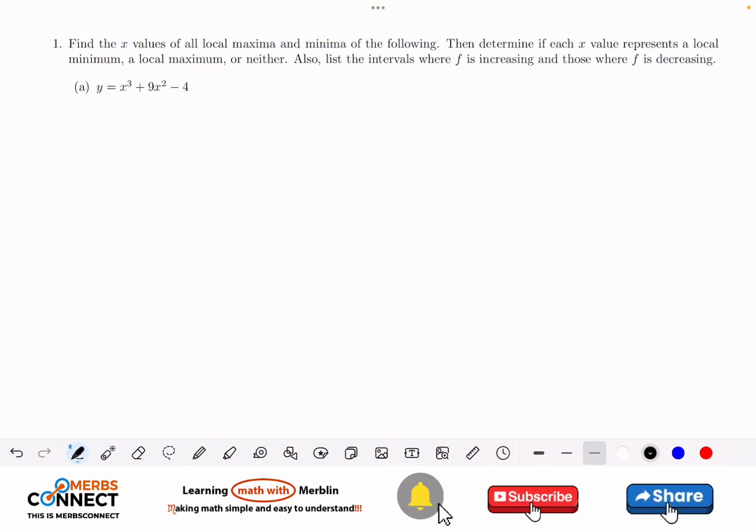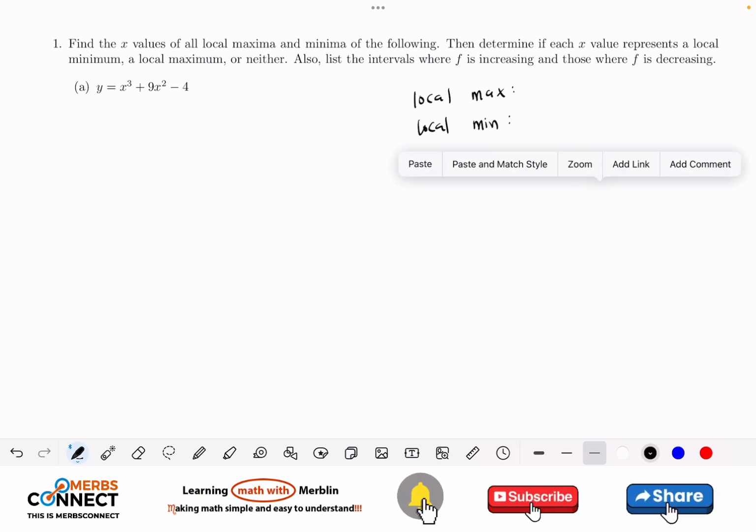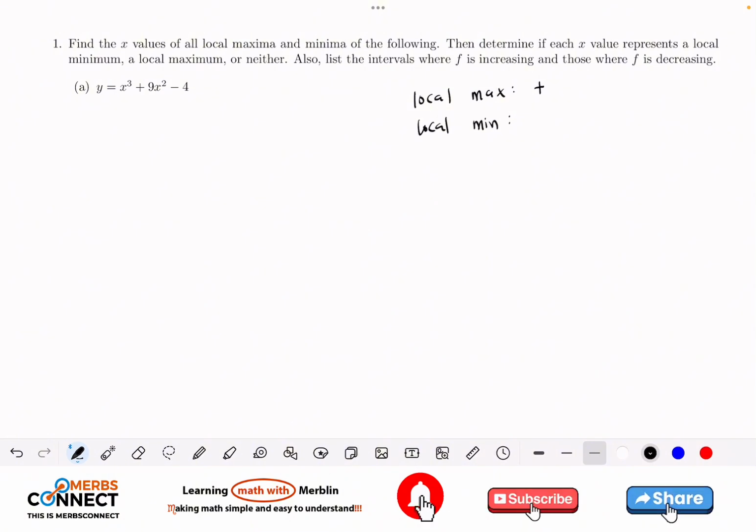So first, if we are talking about local max, the local max is the x value that maximizes the function. And the local minimum is also the x value that minimizes the function. With local max, mostly on the sign chart, you are going to see something like plus, minus.